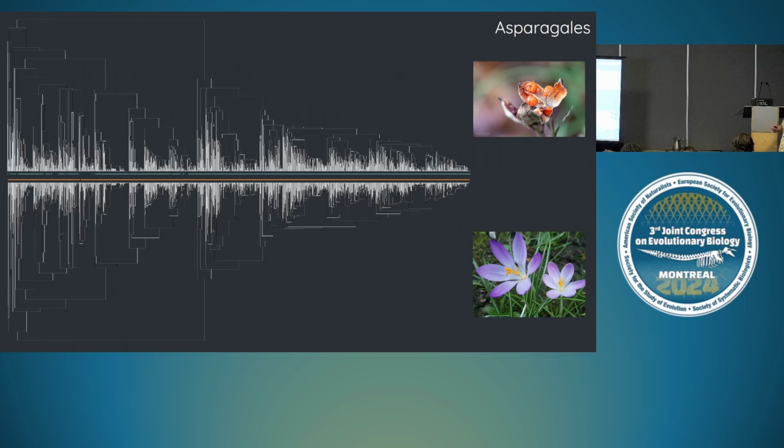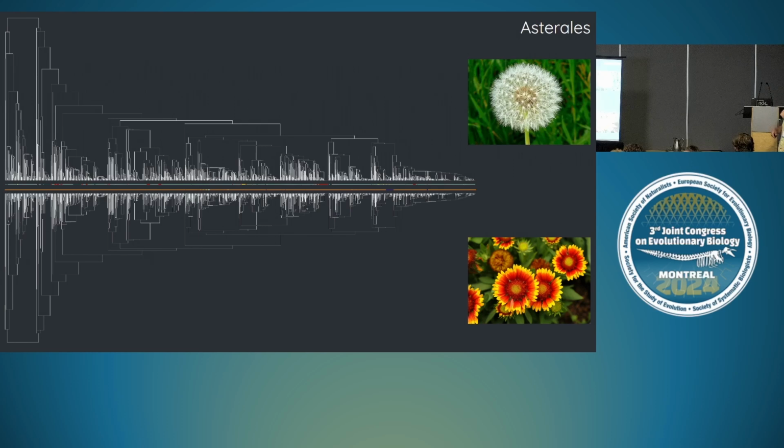But also if we zoom in into some groups, we start to see that we have many different patterns of evolution of different traits. So for instance, for the Asparagales order, we can see that the bottom phylogeny represents the pollination information, and the top represents seed dispersal information. If you see the color of the small dots here, for Asparagales, both traits are highly conserved. There's not much variation in each of those traits.